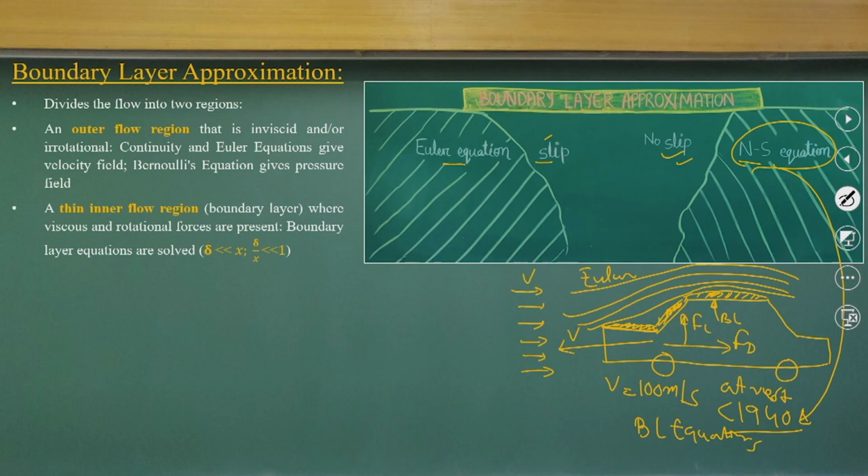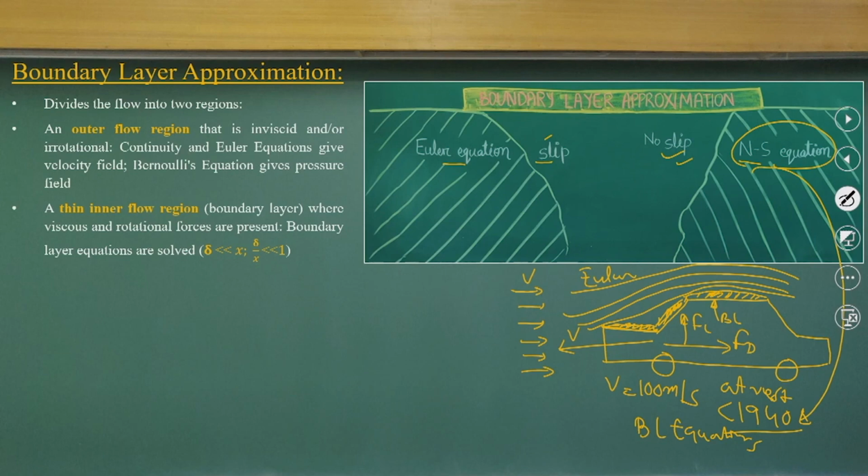Because when you talk about the drag and lift force of a car, it all depends upon very thin layers, how they form over the surface. Okay, as the car is moving, this thin layer is responsible for the shear stress, and is responsible for the pressure distributions.